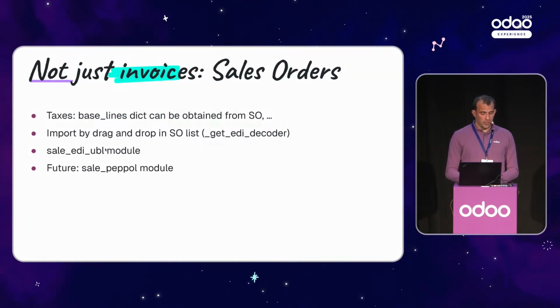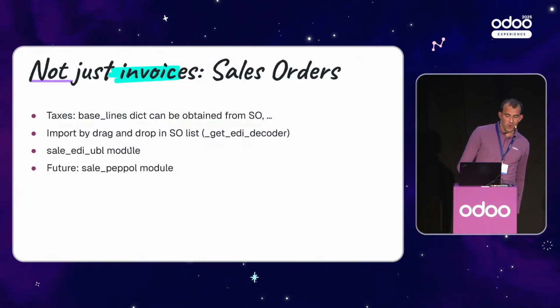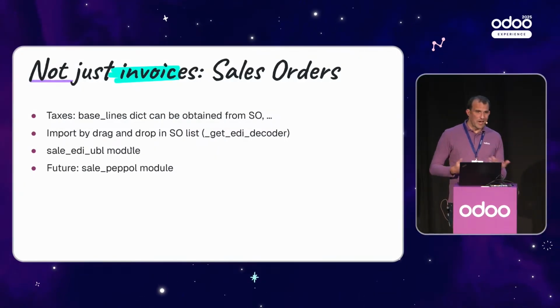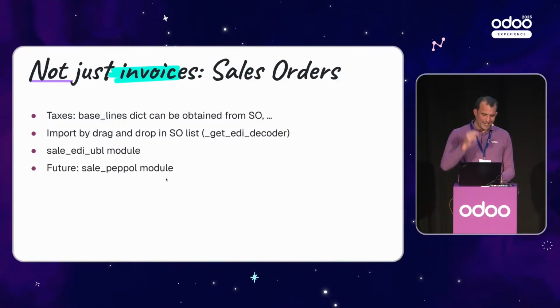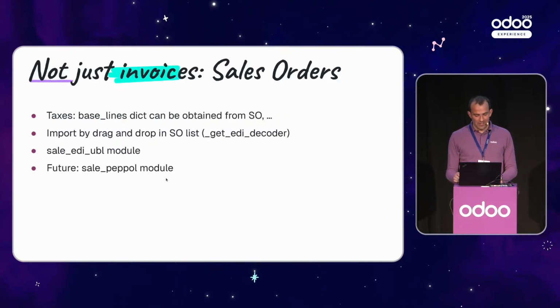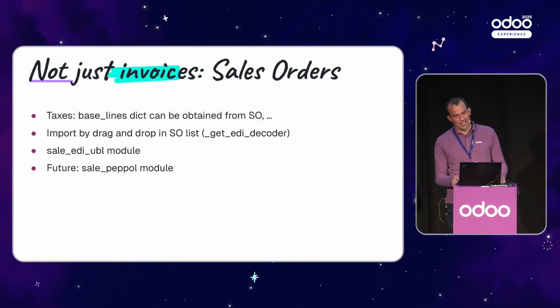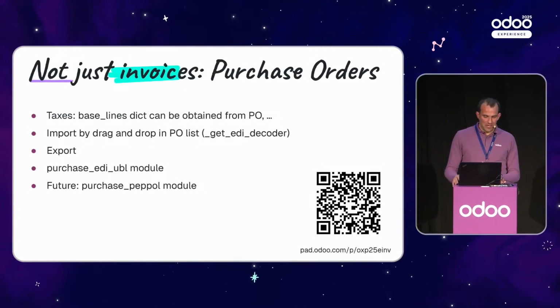For the moment, we have just the sale EDI UBL module, but I'm hoping that one day we will be able to exchange sale orders and purchase orders on the Peppol network as well.